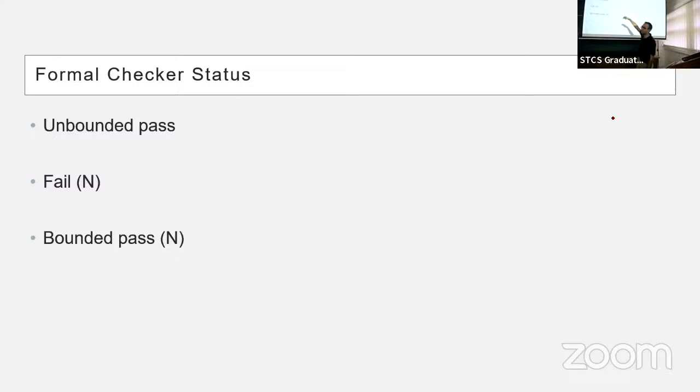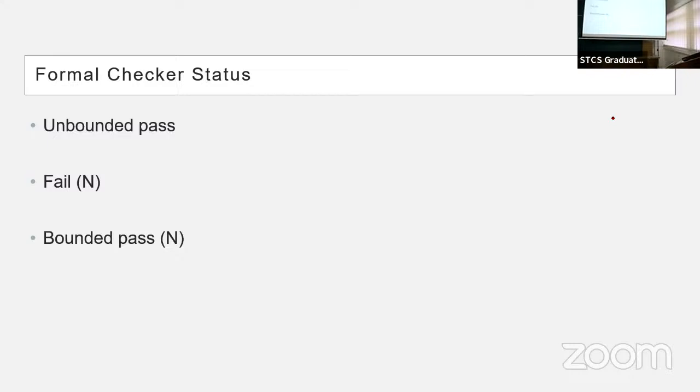In formal, whenever we run the tool, we run those checkers, and the checkers progress cycle-wise. Starting from reset, it went to cycle 1, cycle 2, cycle 3.